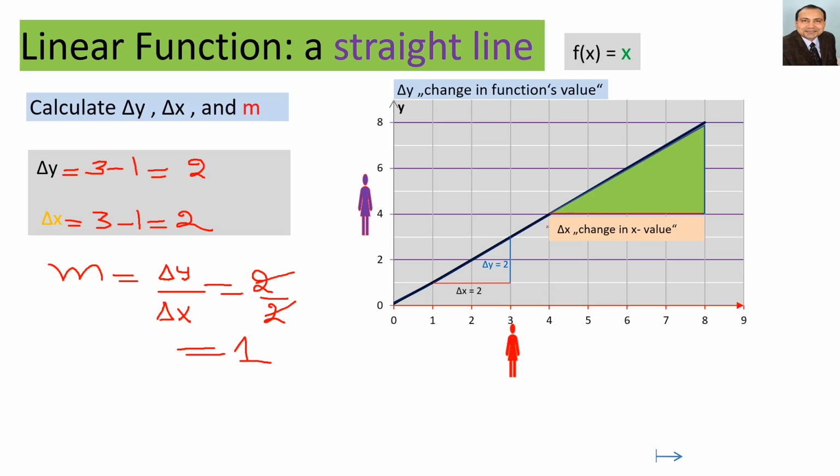Let's see on the interval 4 to 8. Here delta x, the difference in x value, is 8 minus 4 equals 4. Change in y value, delta y, the difference in y value: this is 0, 8 minus 4 is 4.